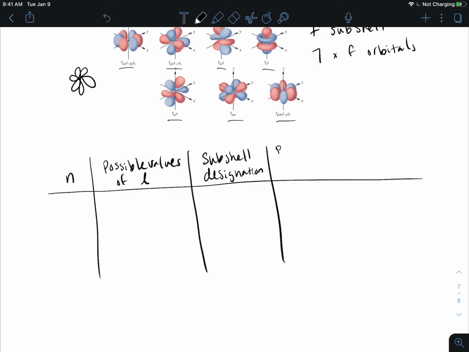Then we have possible m sub L values. And then the number of orbitals in the subshell. And lastly, our total number of orbitals in the shell.